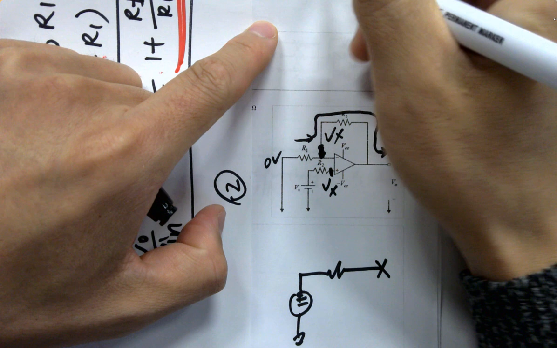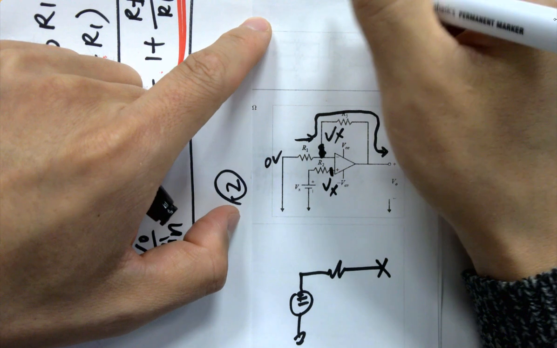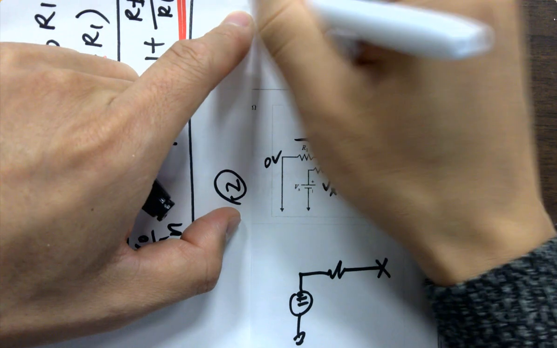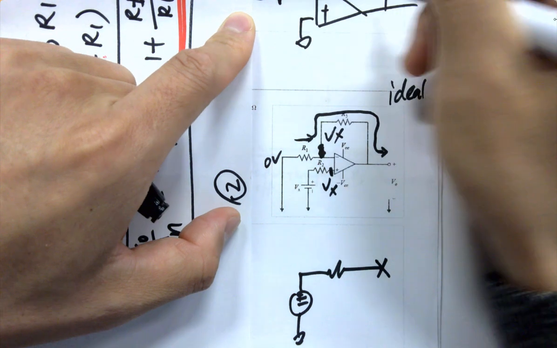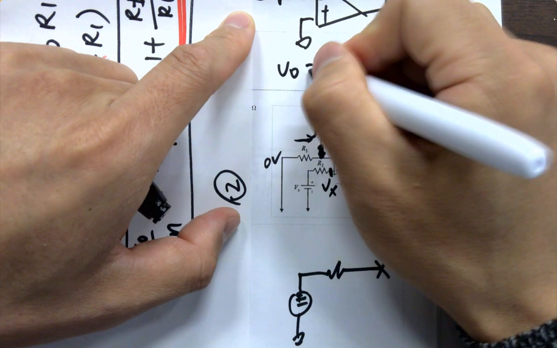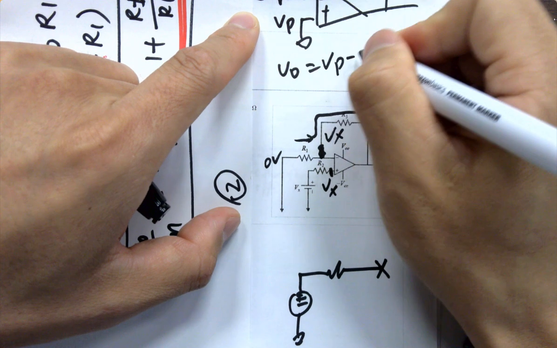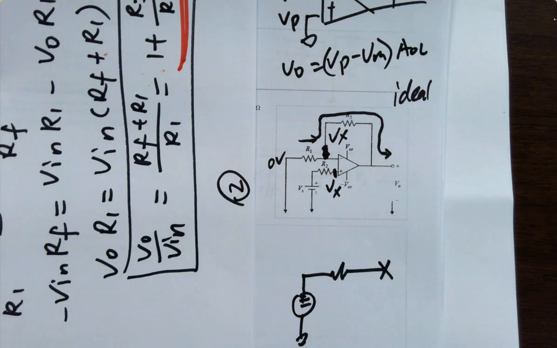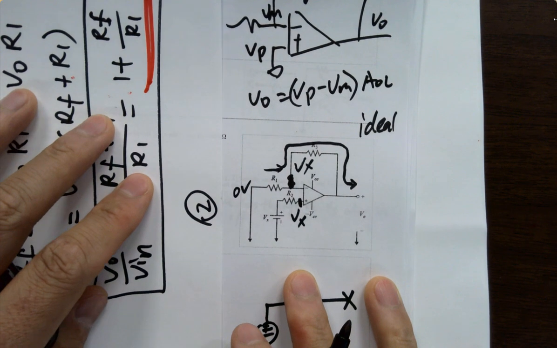So why does negative feedback work? Why does that work? Remember we talked about that a little bit really quick last time. The op-amp is designed in a way that VO equals VP minus VM times AOL, right?